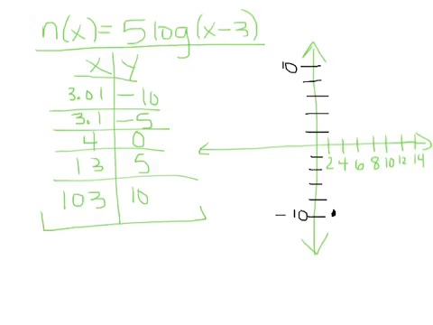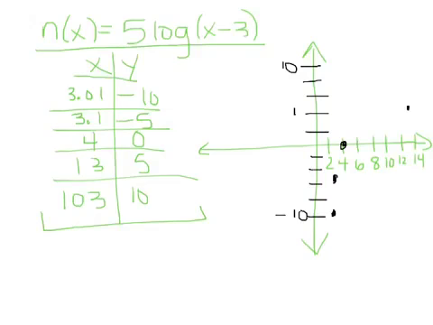Just estimate where 3.01 is. 3.1 is just slightly to the right of that, and our y-coordinate is negative 5. And 4, 0 is our x-intercept. 13, 5 would be roughly here.